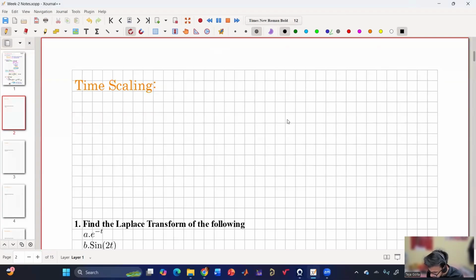Initially, let us assume that we have x of t in the time domain, and then it is transformed. We have x of s. Now we have x of at.